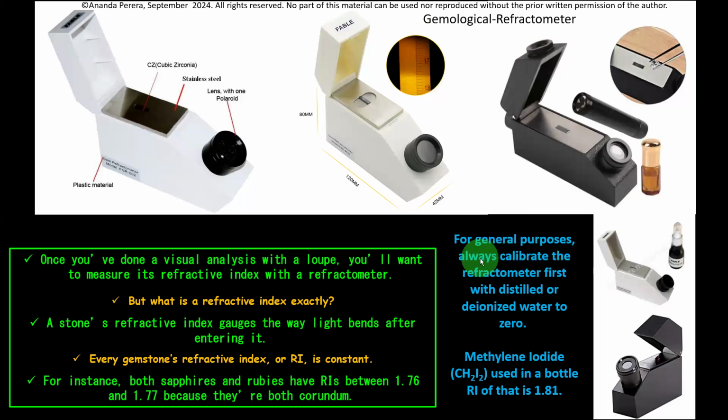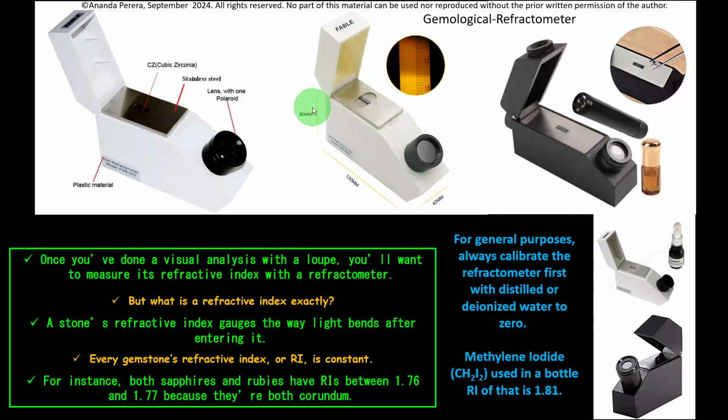For general purposes, always calibrate the refractometer first with distilled or deionized water to 0. Methylene iodide, CH2I2, used in a bottle, has an RI of 1.81. So up to 1.81 RI, we can check all the gemstones through this.